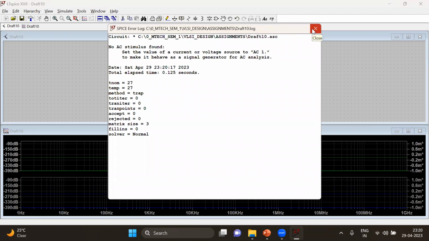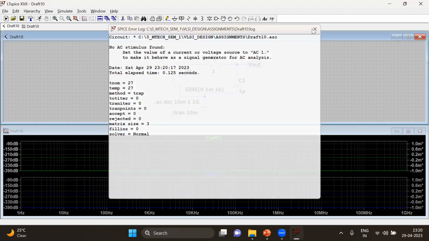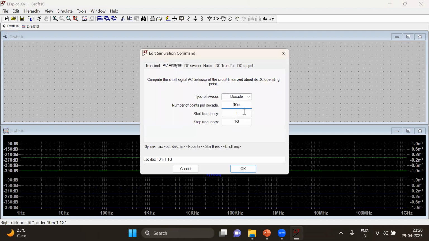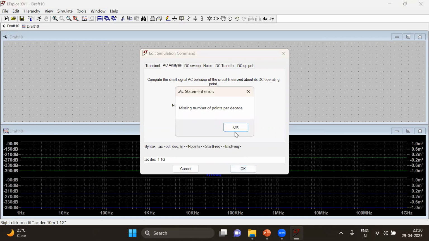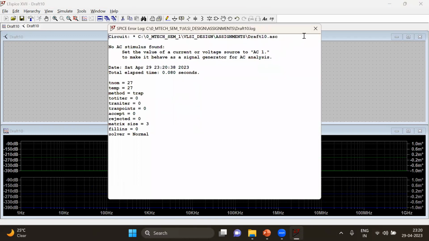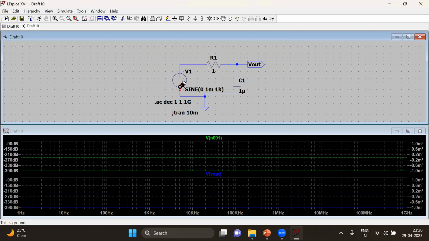Now to plot the frequency response of the circuit, so just print out this one. Okay. Now here this is the AC signal.